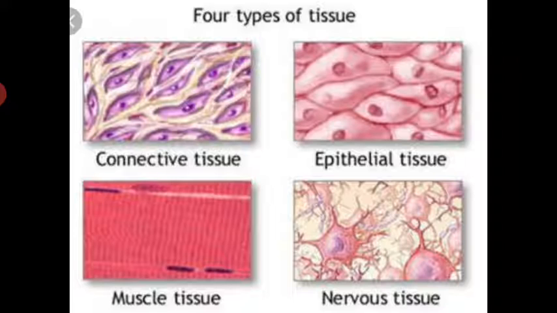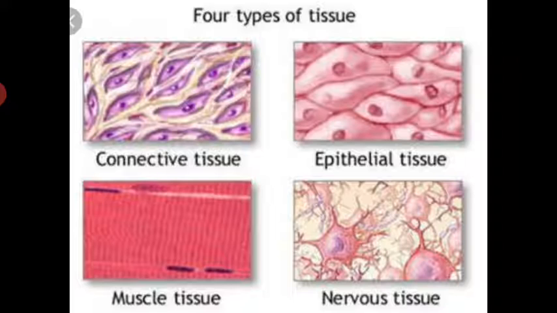Now the first kind of tissue, epithelial tissues. Epithelial tissue is a thin protective layer of cells which covers the external surface of the body as well as the inner linings of all the internal organs.